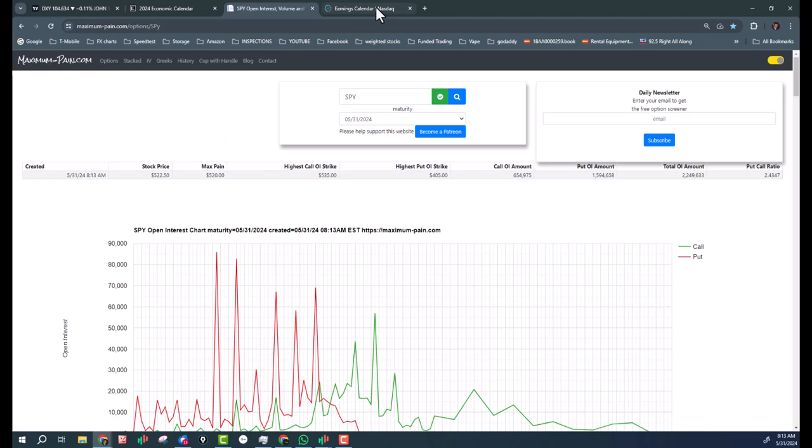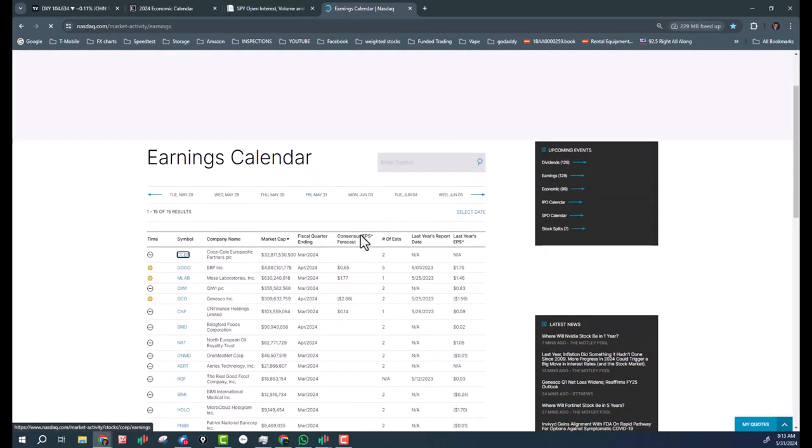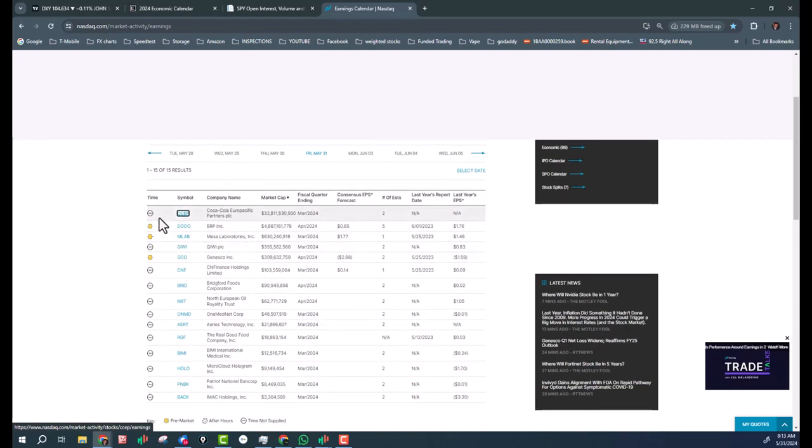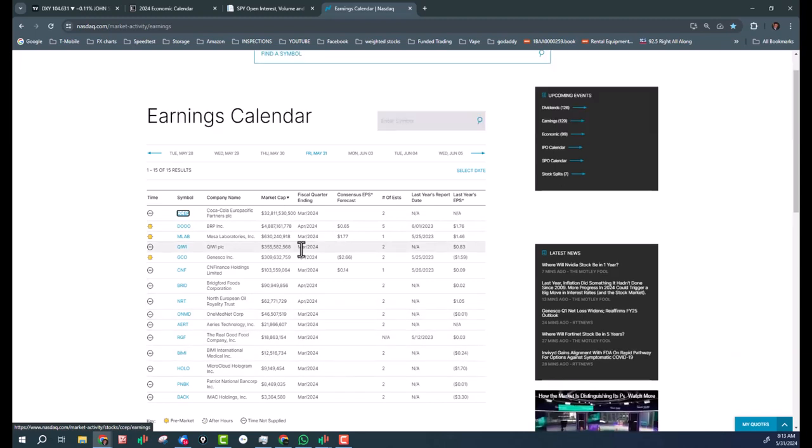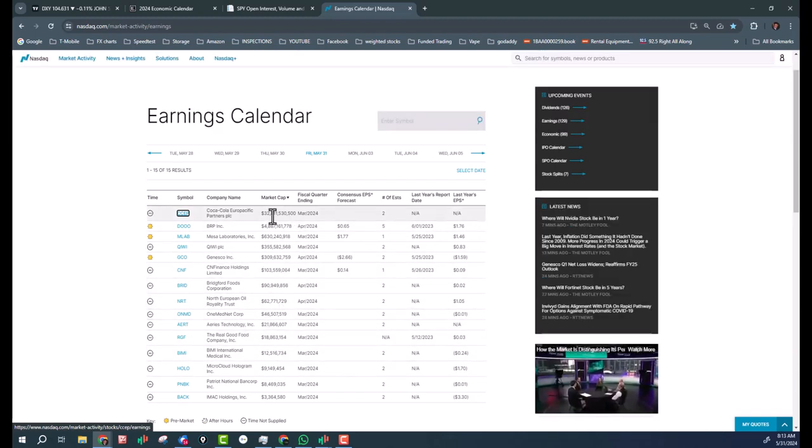All right, and on the earnings calendar, not much going on today. Coca-Cola Euro Pacific. That is $32 billion right there. They're going to report, not sure when. And there's nothing really notable, but some familiar names.